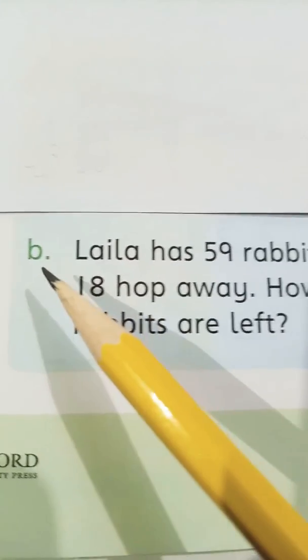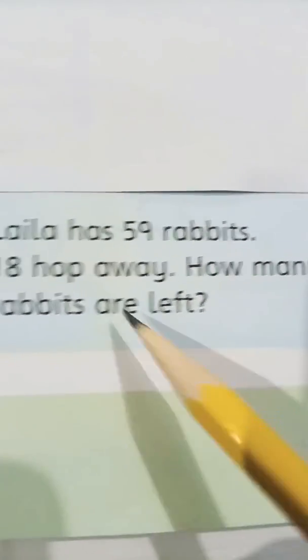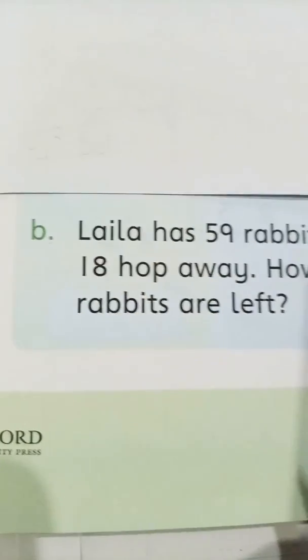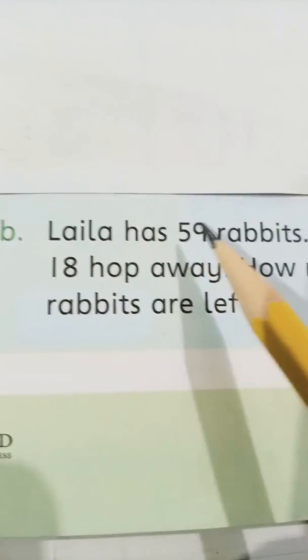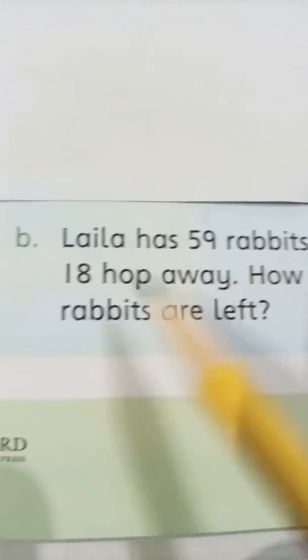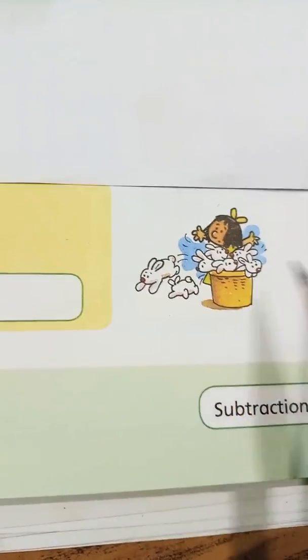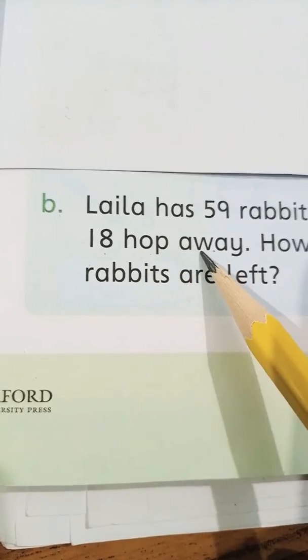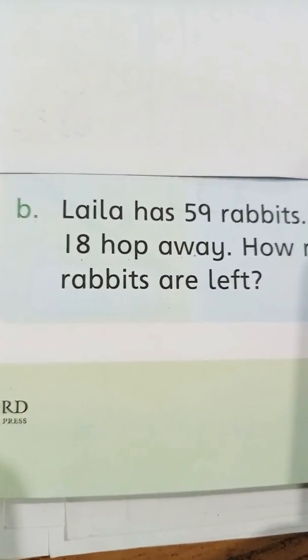Here is also another statement question for the subtraction. This is our last question of today's topic. Leila has 59 rabbits. Look in the picture, Leila has 59 rabbits. Okay. 18 hop away. 18 rabbits have gone.